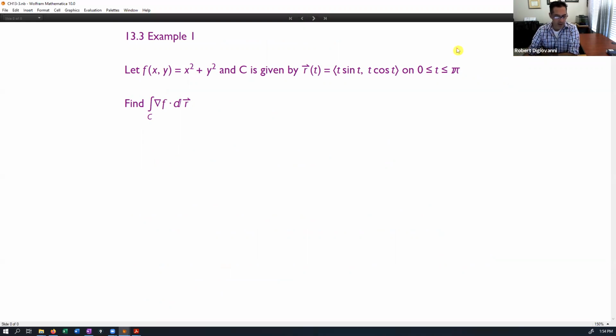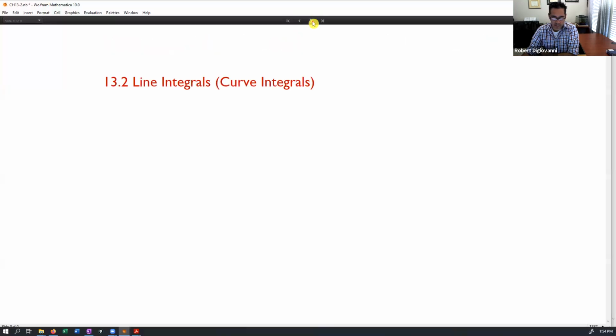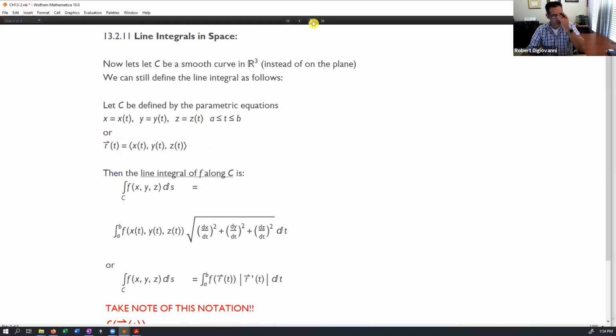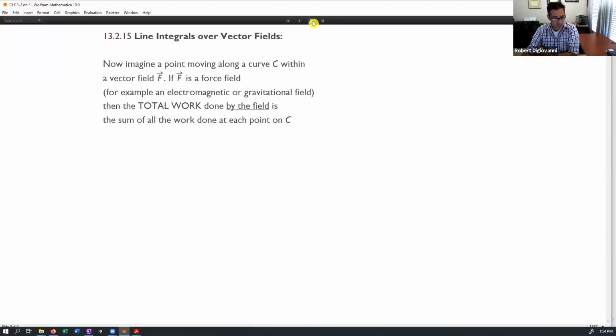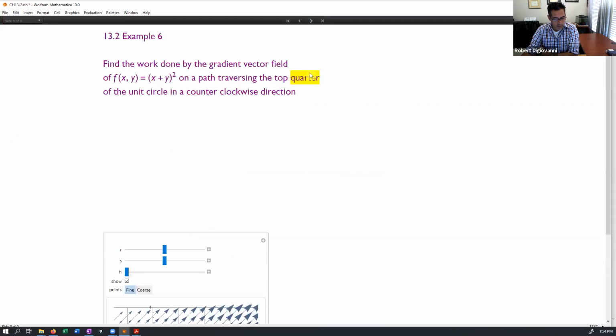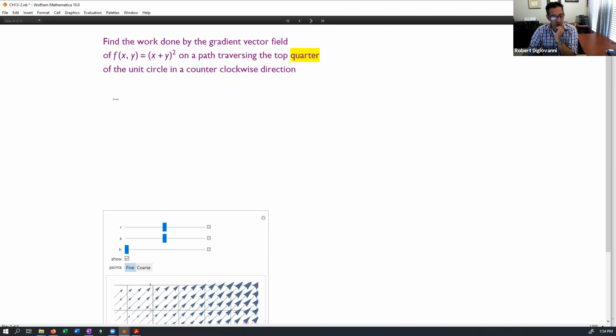You know what? Hold on, let me back something up. I'm trying to see where the first problem we did with vector fields was, where we wanted work. Okay, we did this last class, didn't we? Find the work done by the gradient vector field, traversing the top quarter of the unit circle. Did we finish it?